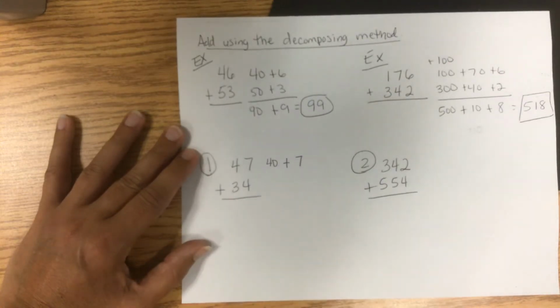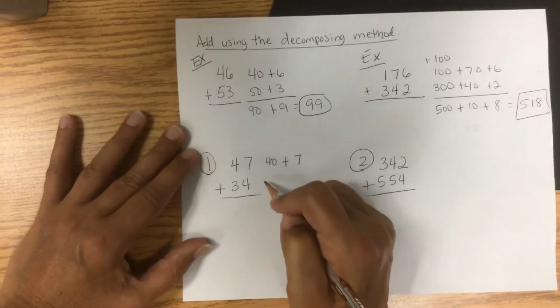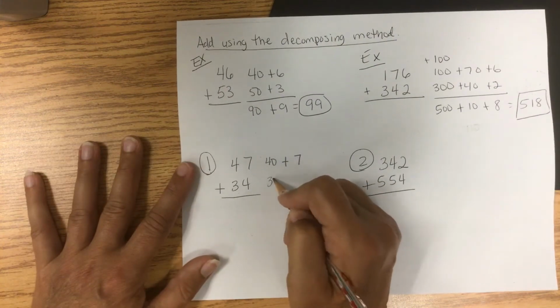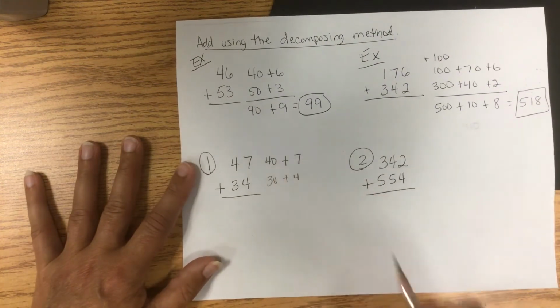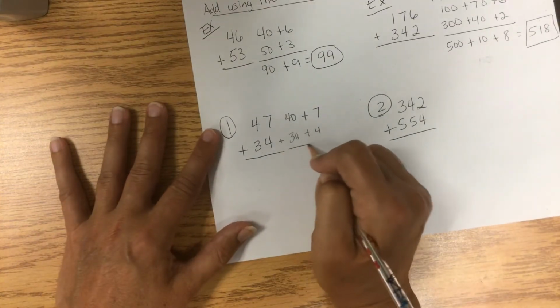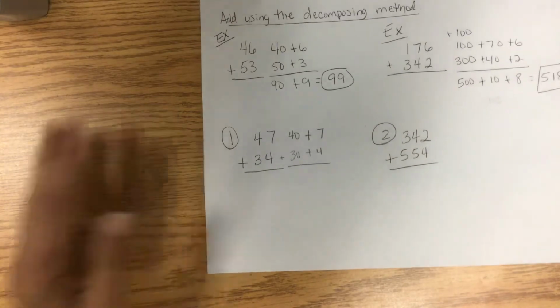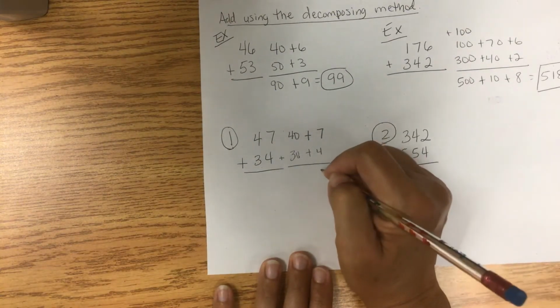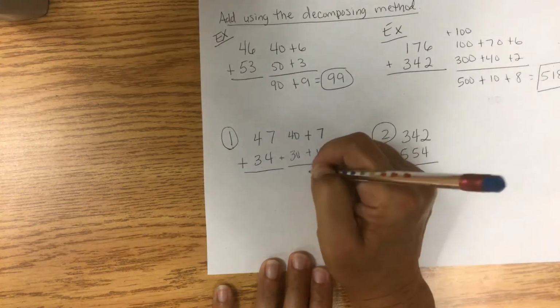Then I've got the number 34, and to write that in expanded form, just break apart our tens from our ones. So it's 30 plus 4. I'm going to put my plus sign in my line. Now I'm ready to add my ones. When I add 7 plus 4, I get 11.